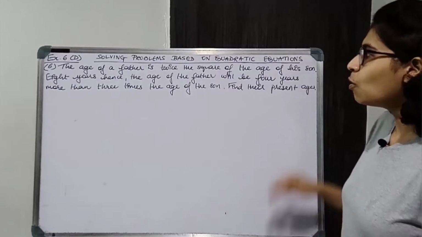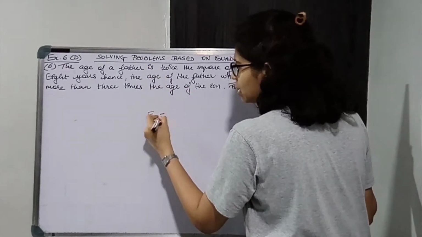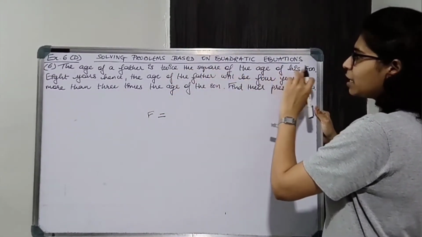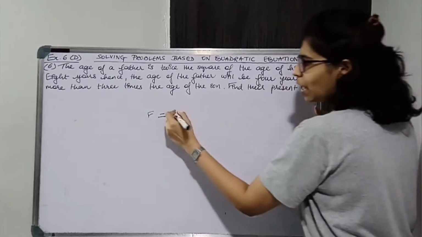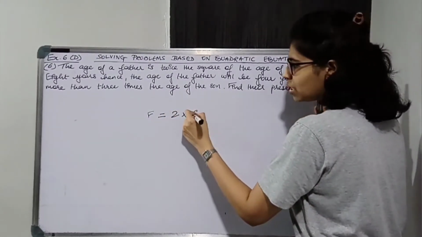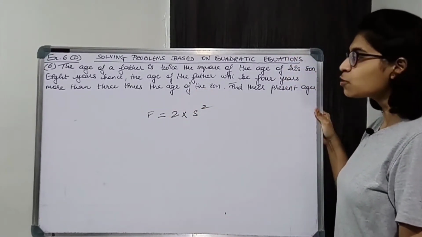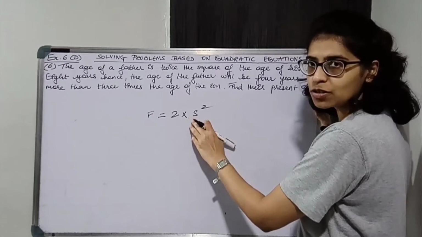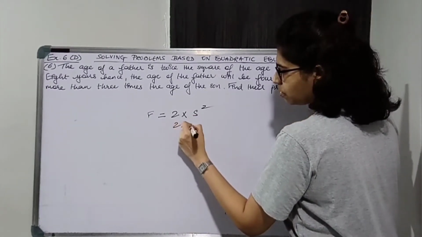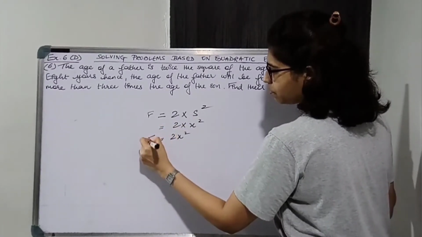Okay. So age of father is equal to twice the square of the age of his son. So son's age squared. Okay. So if you assume the age of son to be x, father's age will be 2x square.